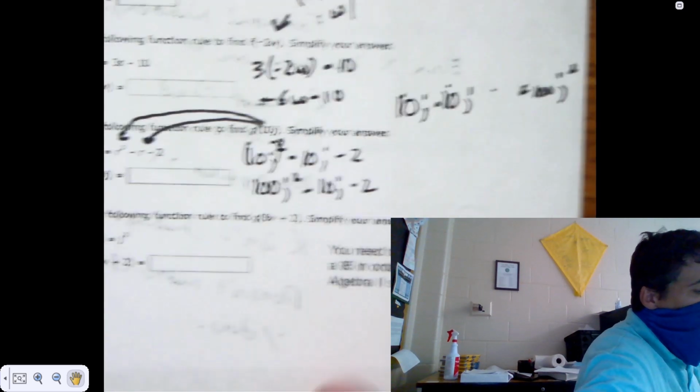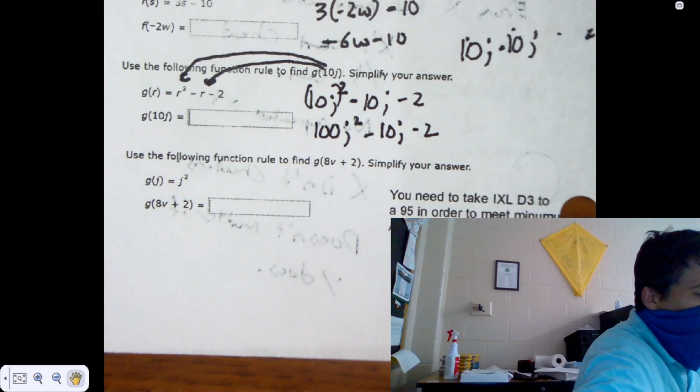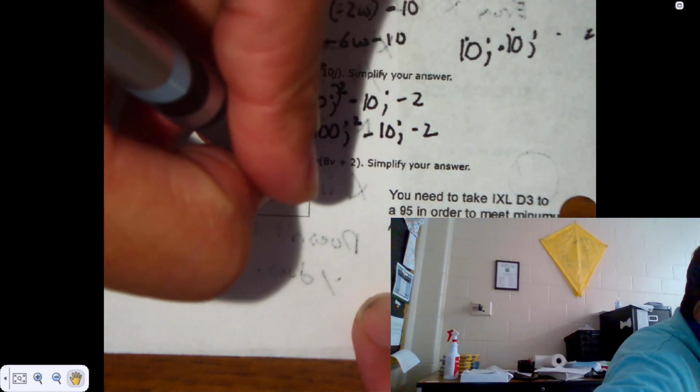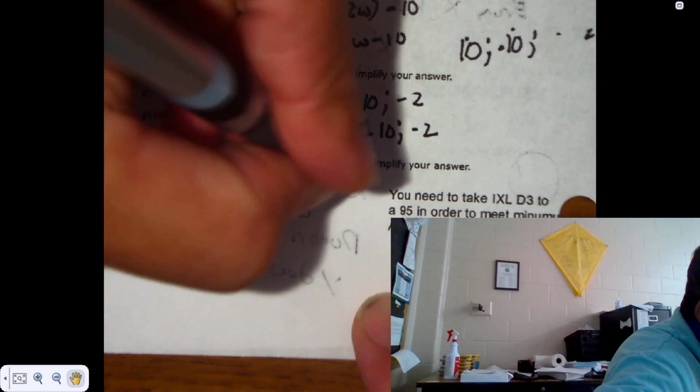And the last one from this section. Use the following function to find g of 8v plus 2. Simplify your answer. And it's written in terms of j. We're going to say J is 8V plus 2.